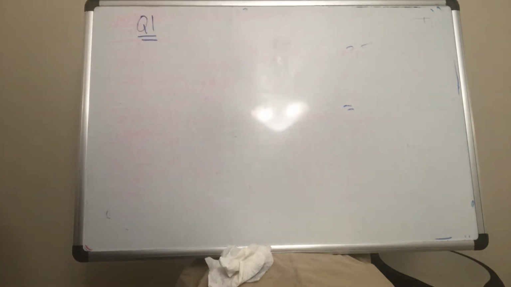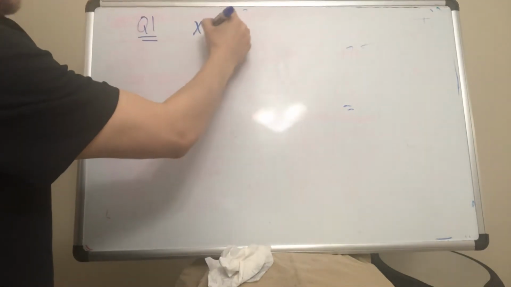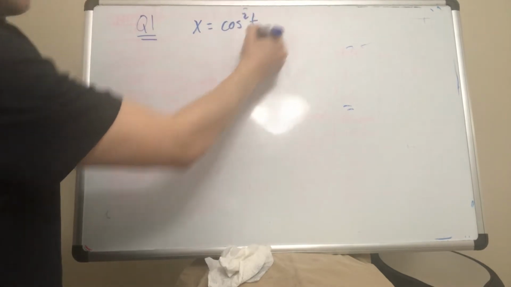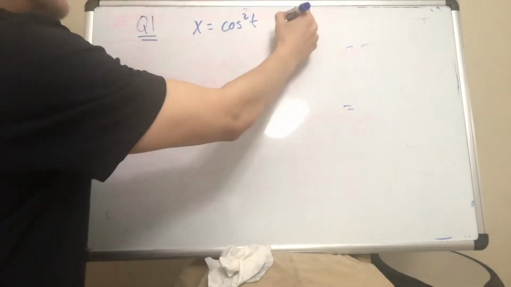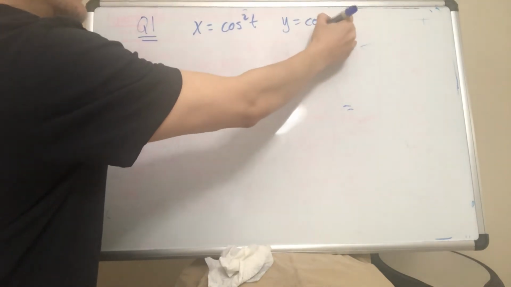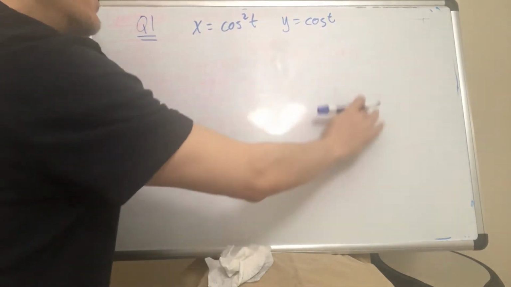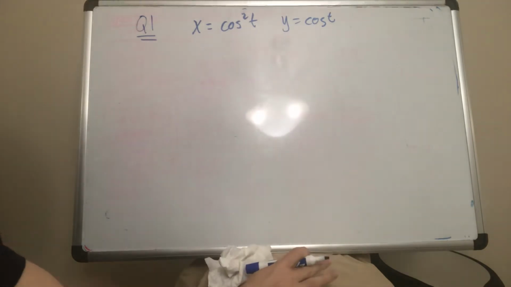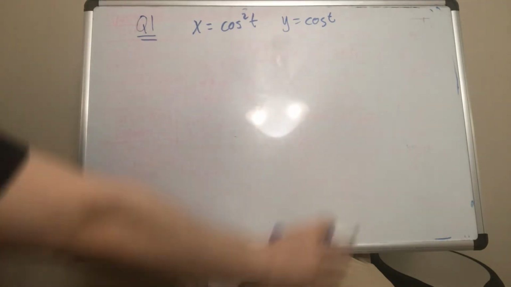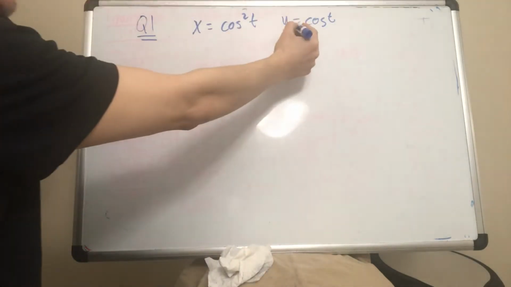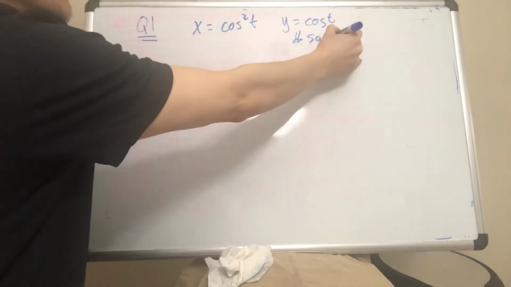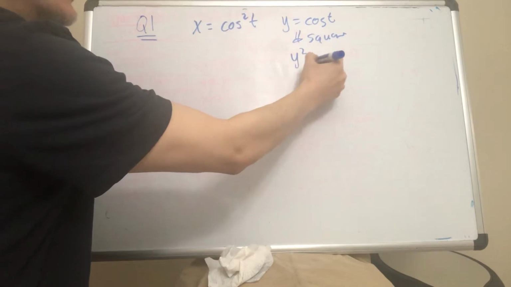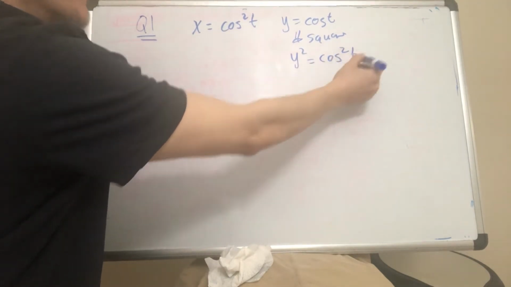workshop 2. You have x equals cosine squared t and y equals cosine t. So to actually sketch this curve, you'll see that if I square this, I get y squared equals cosine squared.